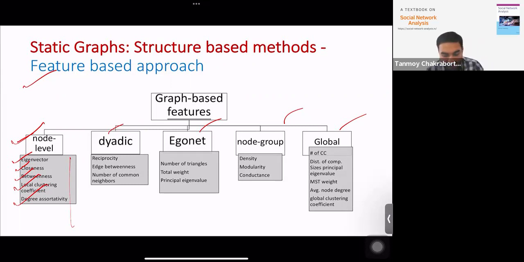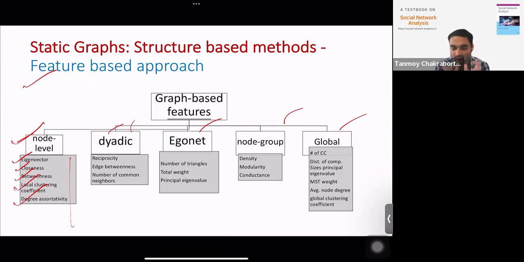We also look at something called dyadic features. Dyadic features are those features which can be curated by taking into account a pair of nodes. So you have a pair of nodes, and then you extract some features. For example, there is something called reciprocity we discussed. Reciprocity basically says that if A follows B, whether B follows A or not.